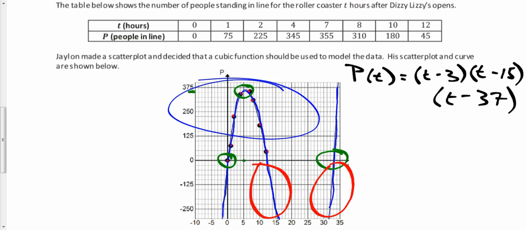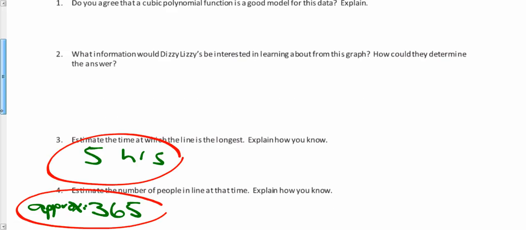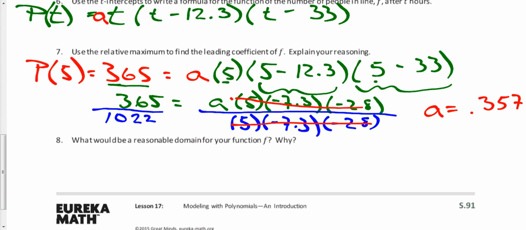So, what would be my domain? How can I fix it to where I don't have a negative number of people? I can just say, well, look, I'm only interested in values between 0 and 12.3. So my domain, to answer this question, would be T is between 0 and 12.3.